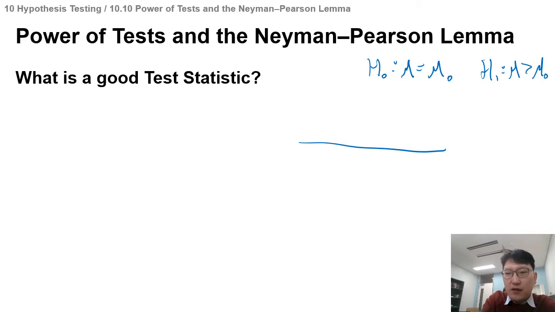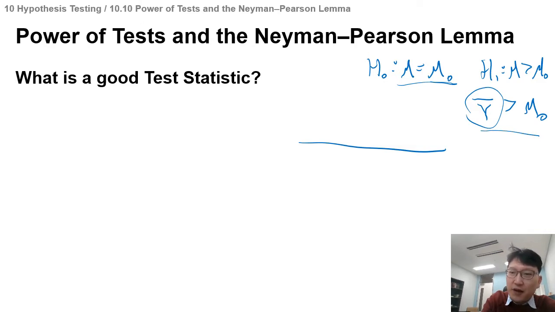Then we can pick any test statistic. The usual test statistic would be y bar, checking whether y bar is large enough compared to mu 0. We use this as our test statistic.